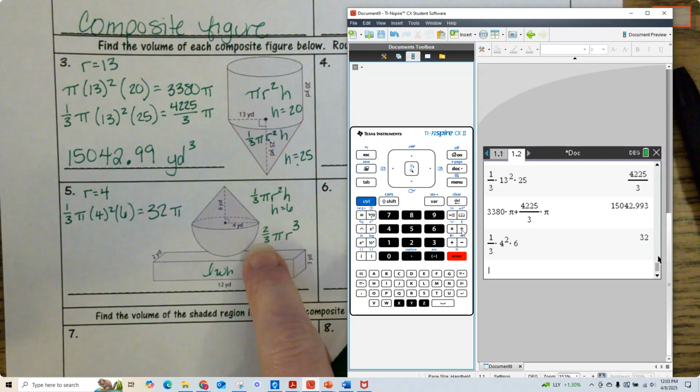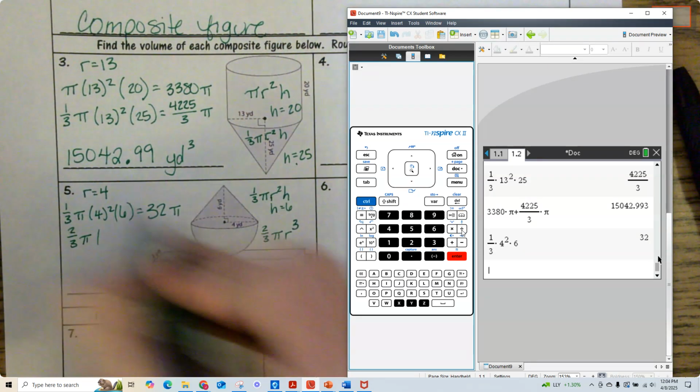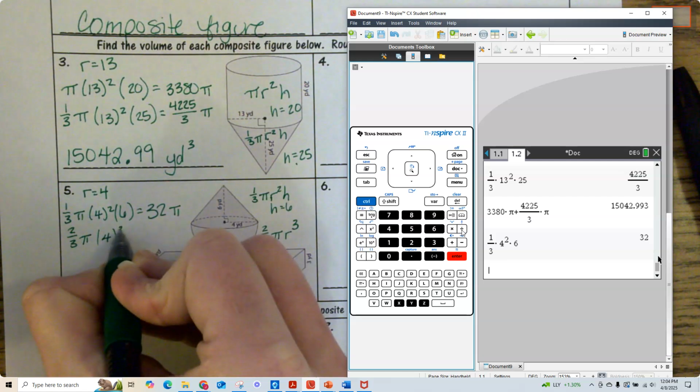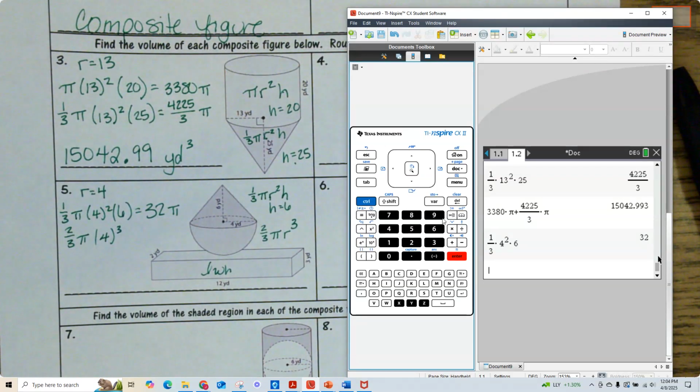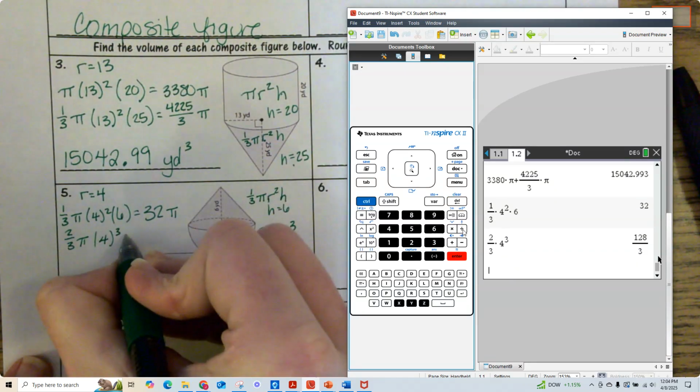All right, hemisphere, 2/3 pi, and then the radius, we said the radius is 4 cubed. Again, ignore the pi symbol for now. 2/3 and then 4, again, cubed, not squared. Ugh. It's gross, but we can work with it.